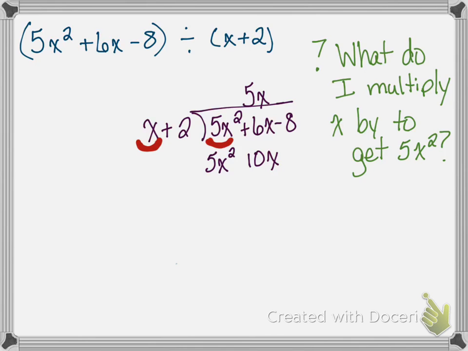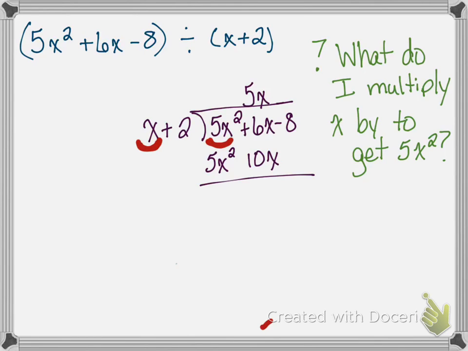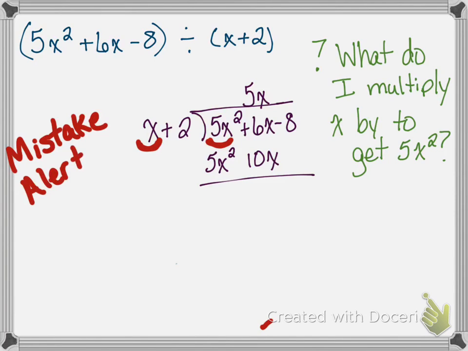So if you remember, when we were doing our long division right here where my red arrow is, we subtracted. Now this is what I like to call a mistake alert. This is an area where students typically make mistakes.